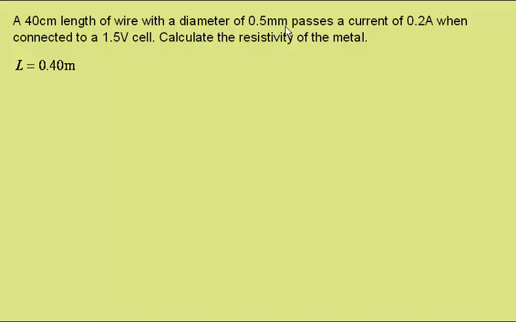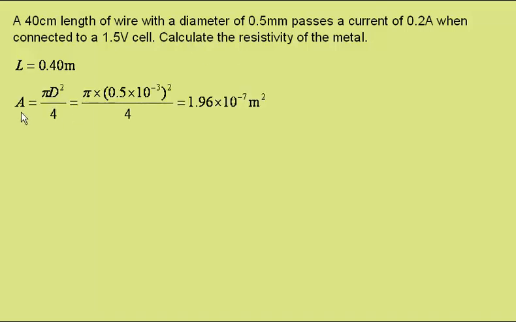Well, I know that the area of a circle is pi r squared, and that is also equal to pi d squared over 4, with d being the diameter. So I can write the area as pi d squared over 4, which is pi times the diameter of 0.5 times 10 to the minus 3, because it's millimeters, squared, divided by 4, giving an area of 1.96 times 10 to the minus 7 square meters.